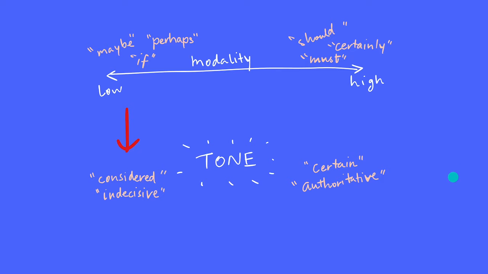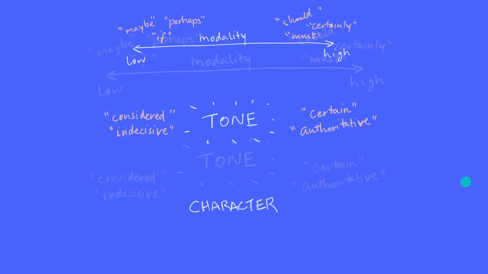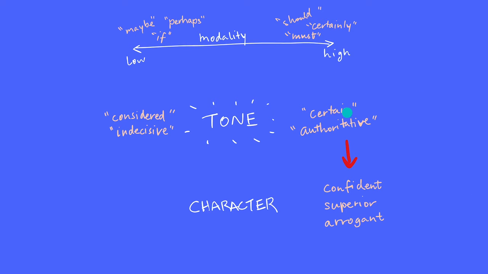But we can actually go deeper. We can connect it to characterization. How does the tone affect the way we view the character? And this is more relevant to literary works. So a certain or authoritative tone makes someone seem more confident, superior, and arrogant, right?